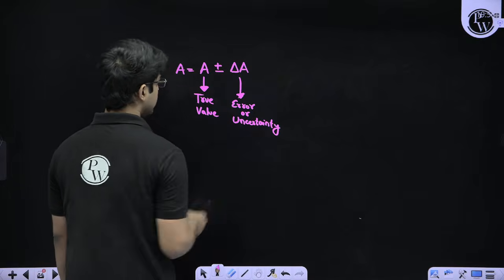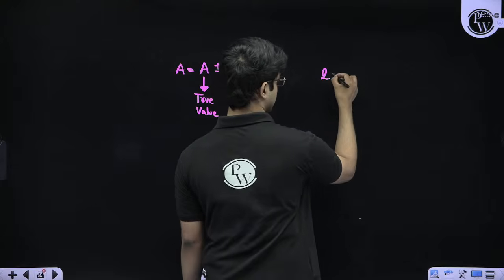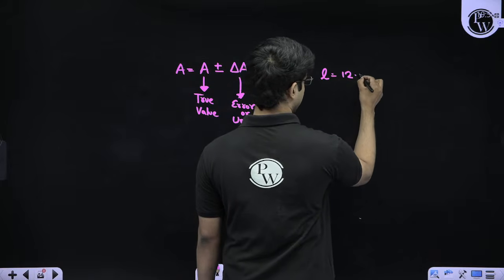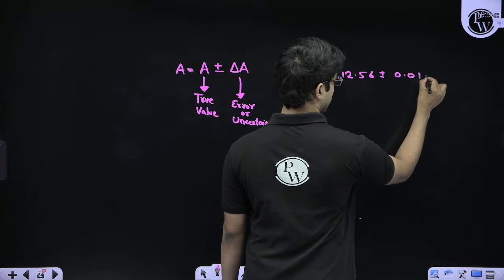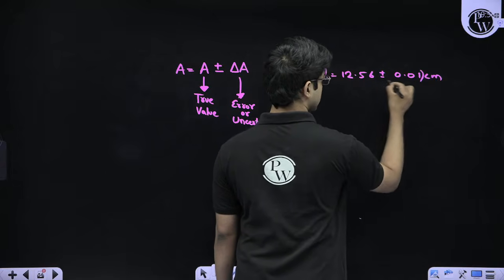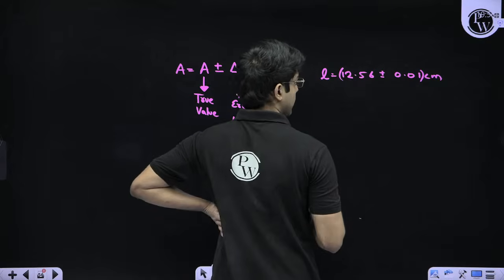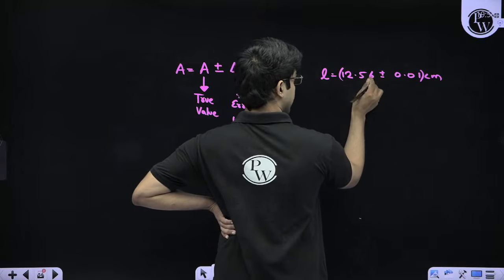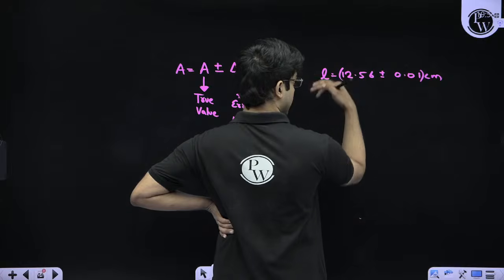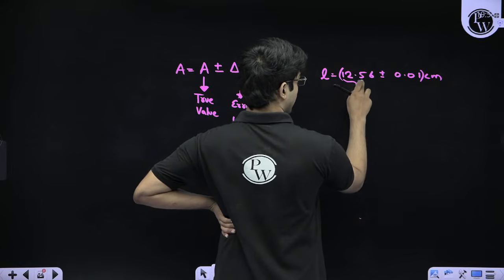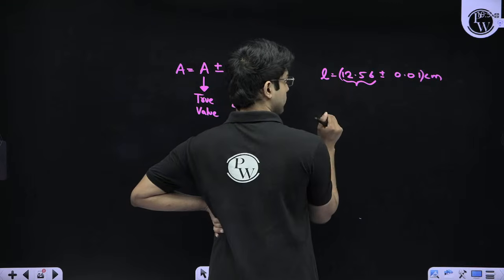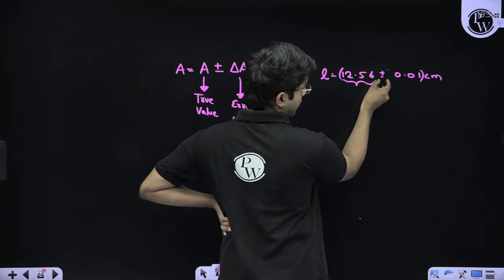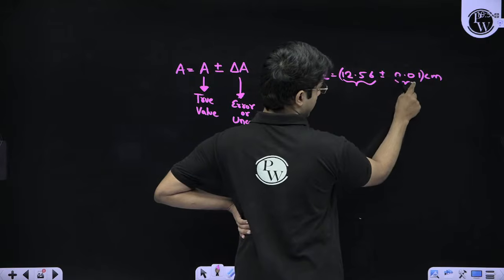So what this means is, let's say the length measurement came out to be 12.56 plus or minus 0.01 centimeter. So this means the measured value on average, after taking all the average values, the most confident value is 12.56. We are confident that it is 12.56, but there can be an error of 0.01.